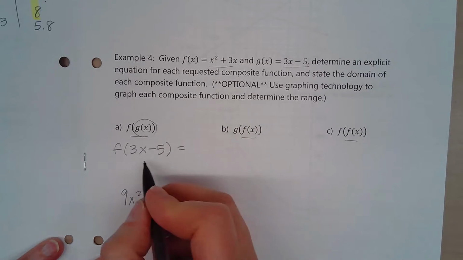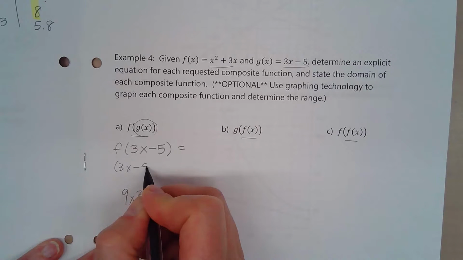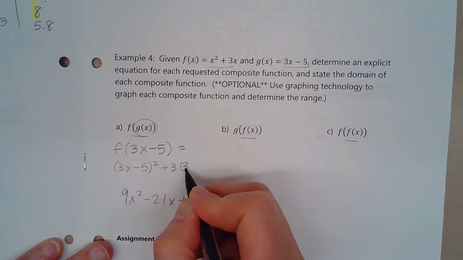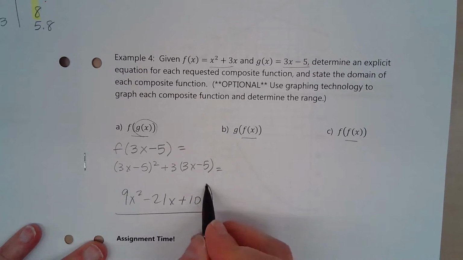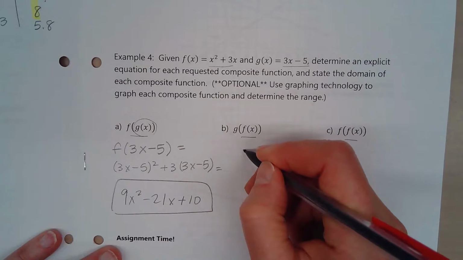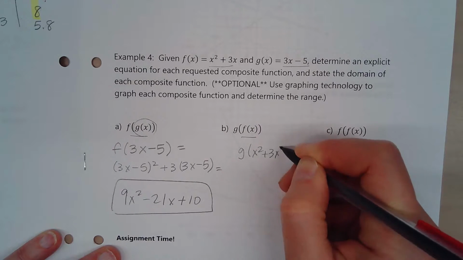Yeah? So what I have to do first is square this, right? And then 3 times this again. When you square everything and you simplify, collect like terms, that's what you should get as an answer. Okay? What about g of f of x? So f of x is x squared plus 3x.